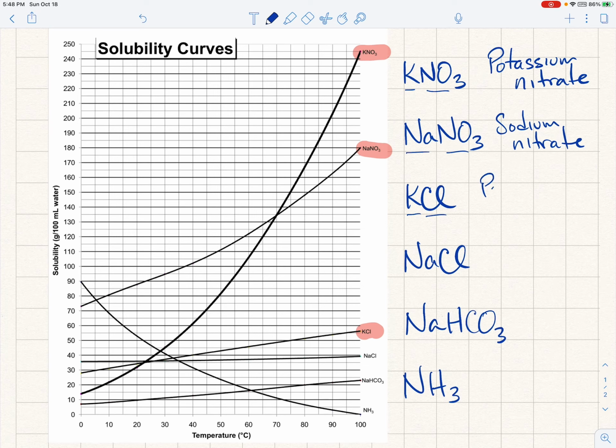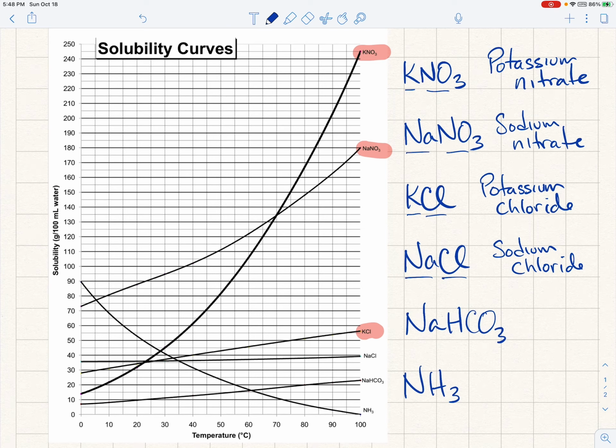So this is potassium chloride. These are all different kinds of salts. Then comes sodium again, the symbol Na, and bonded to Cl, this is sodium chloride. This is the most common type of salt that people have heard of. This is table salt, the salt that you would normally eat.